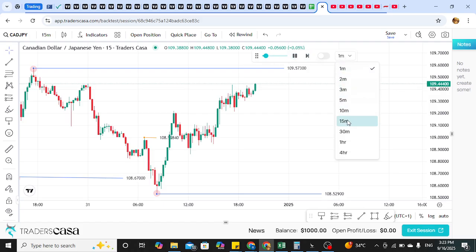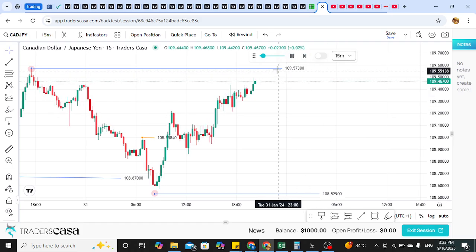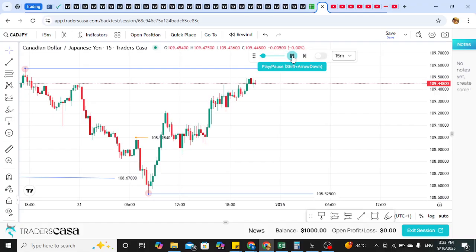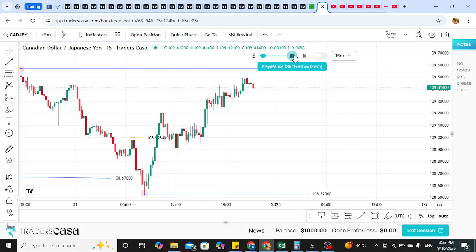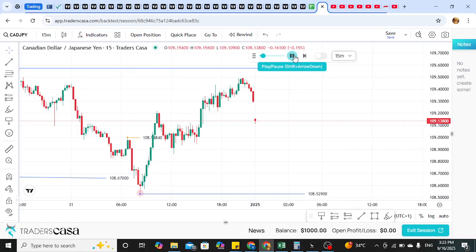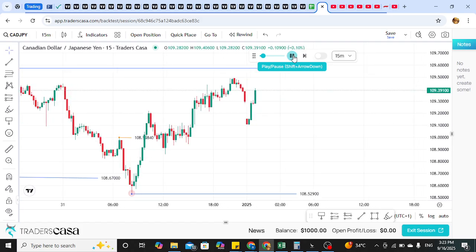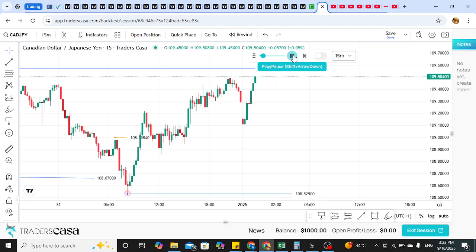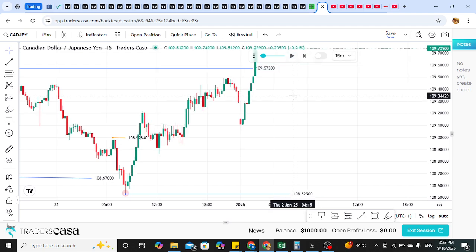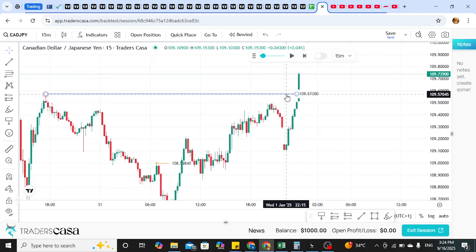Let's keep it at 15 minutes per candle. And we are concentrating on identifying. See, it got broken. Now this is a change of character.